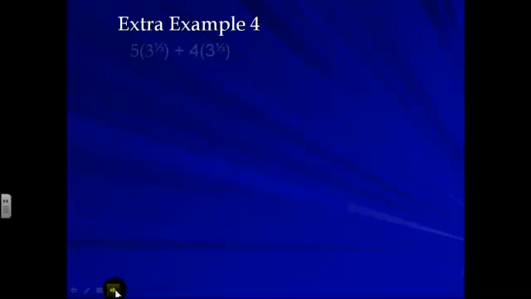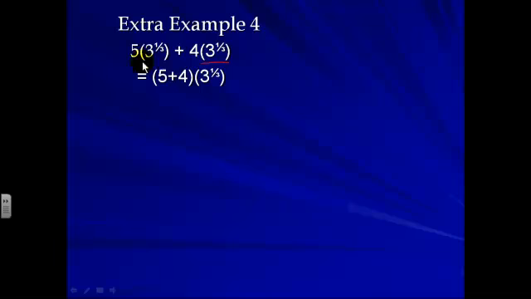Another example. Let's say we have 5 times 3 raised to the 1/3 power plus 4 times 3 to the 1/3 power. Well, my first step is let's evaluate. You can think of this one as factoring out the 3 to the 1/3.